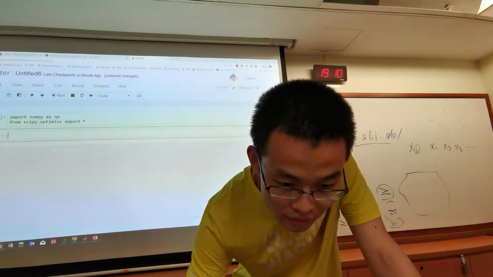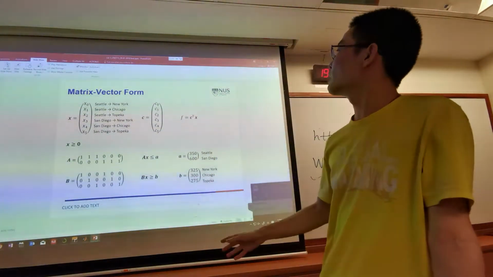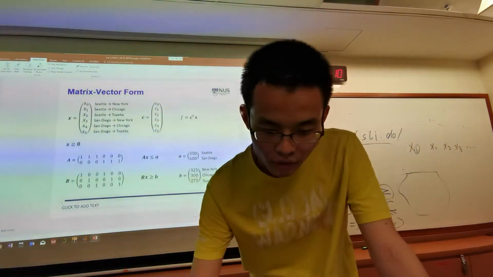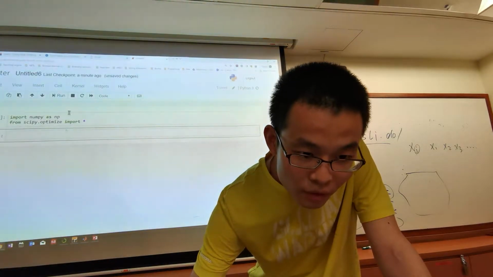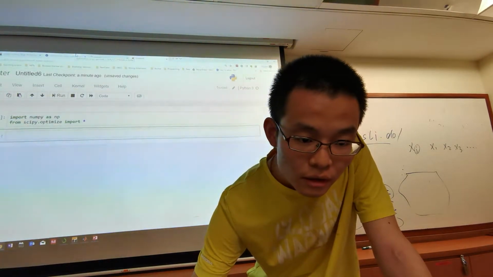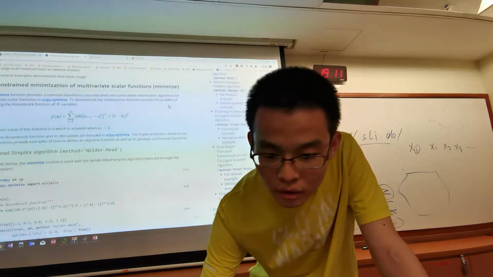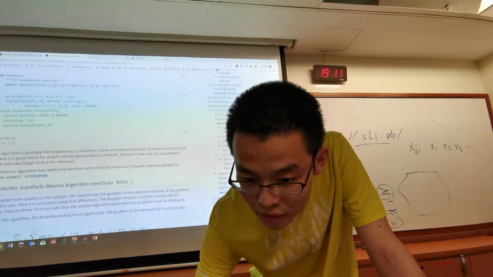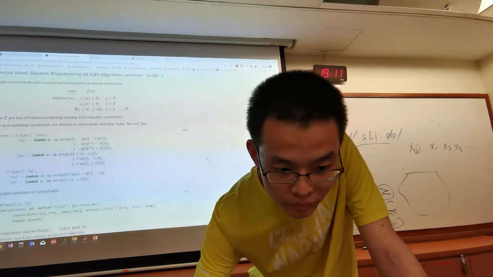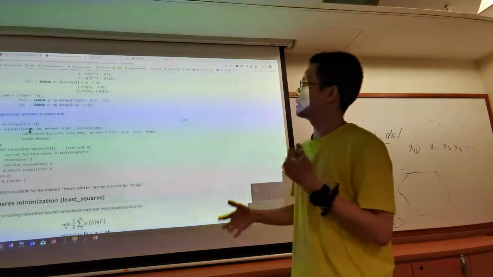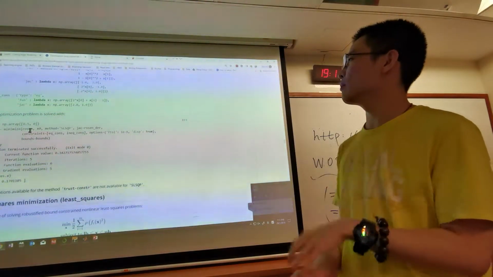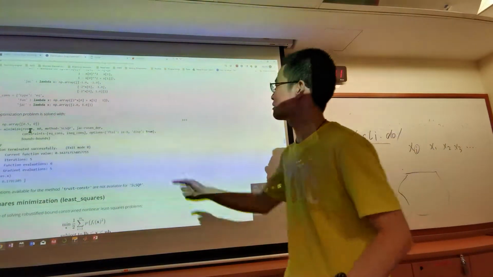Okay, then let's see how to translate our formulation into Python. So here we need an objective function. Objective function is here. In this statement, it calls minimize, which minimizes this objective function.